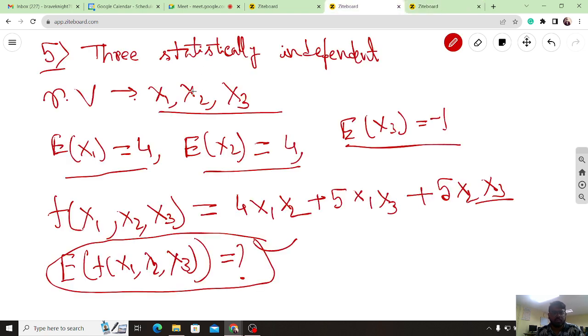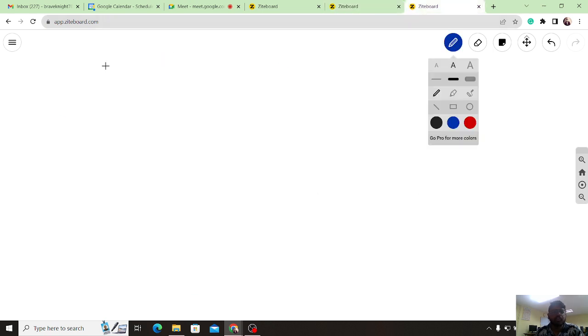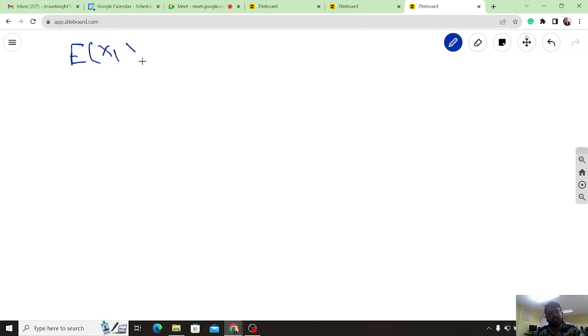First of all, these random variables are independent. So if the random variables are independent, I can write the expected value of x1 times x2 is equal to the expected value of x1 times the expected value of x2.